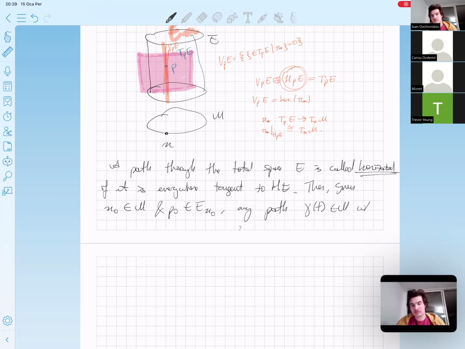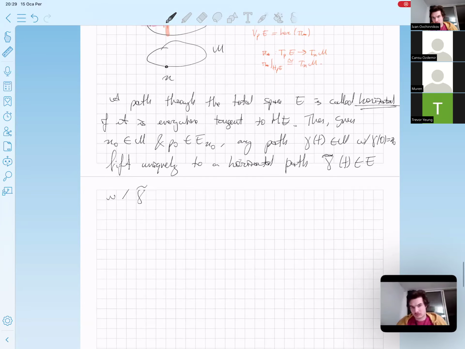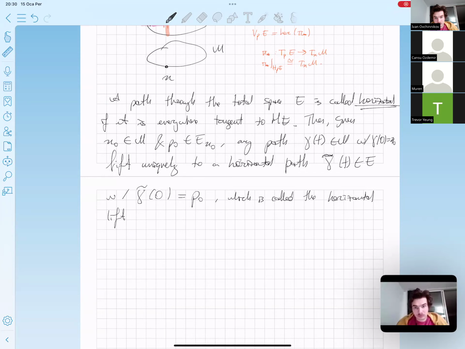gamma(t) in M with initial point x0 lifts uniquely to a horizontal path in E, so this is gamma tilde, with initial point p0, which is called the horizontal lift of gamma.